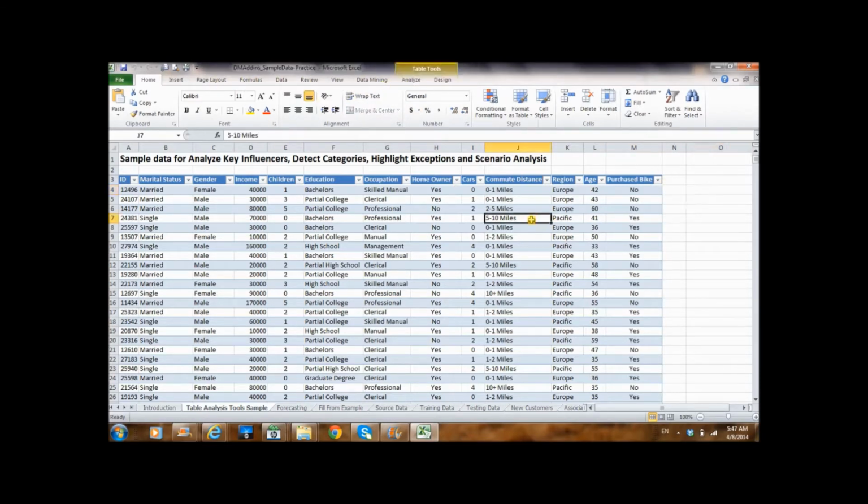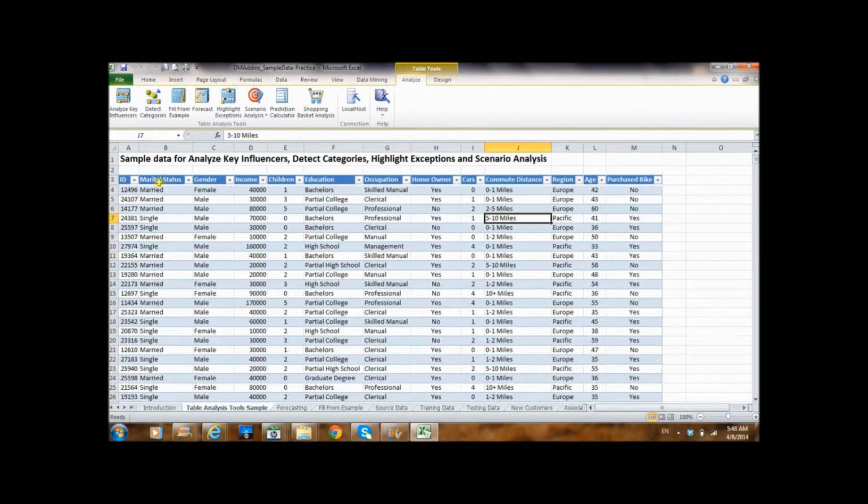Once you click inside, you're going to find a new menu ribbon called Data Tools. One of them is Analyze, and we're going to use this one to do data mining. Click Analyze, and then you see another ribbon of menu items: Analyze Key Influencers, Detect Categories, Forecasting, Shopping Basket, and so on.